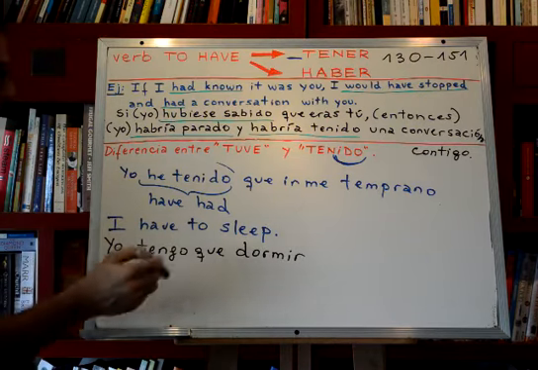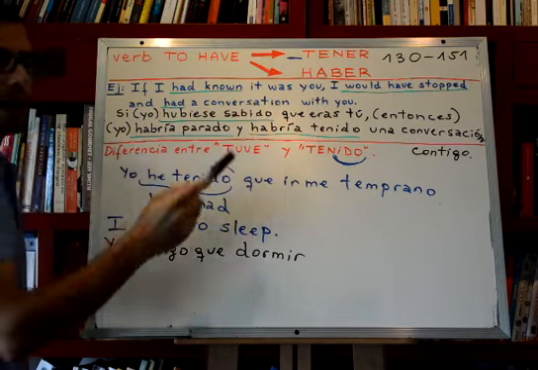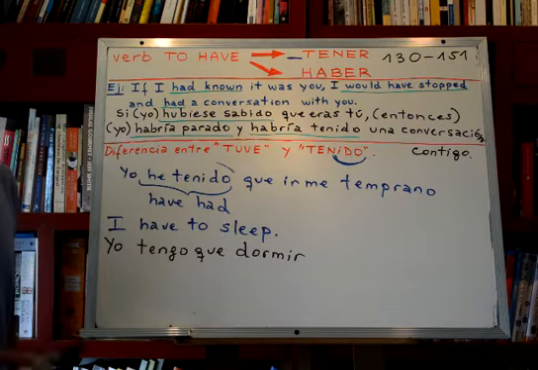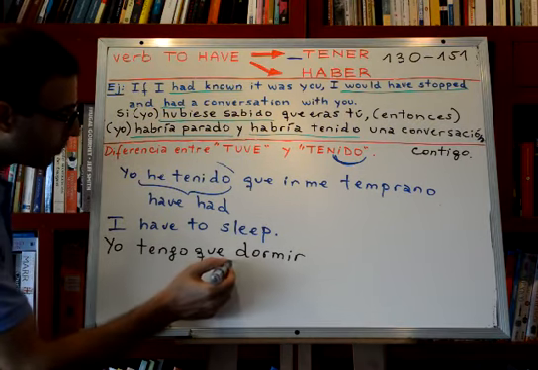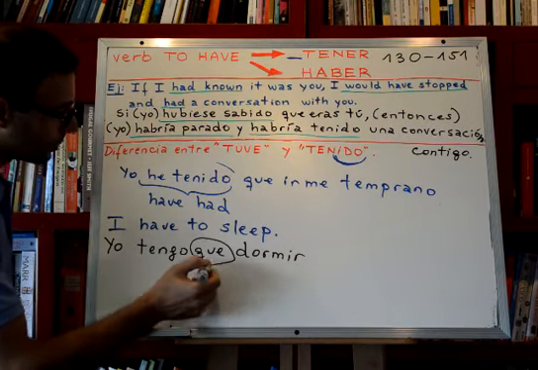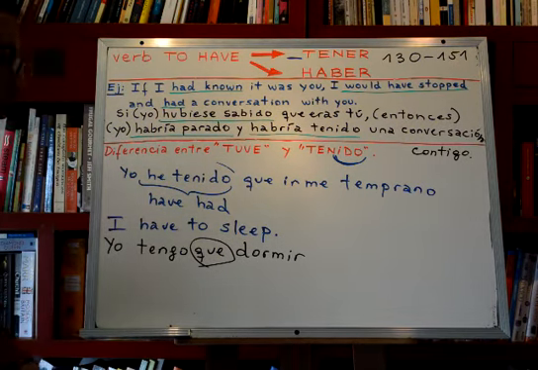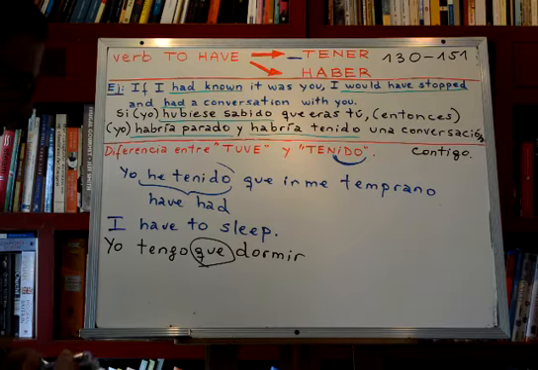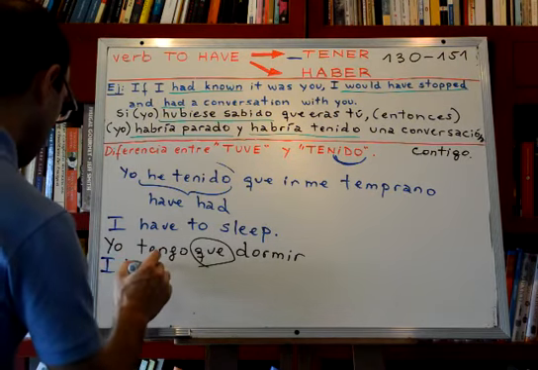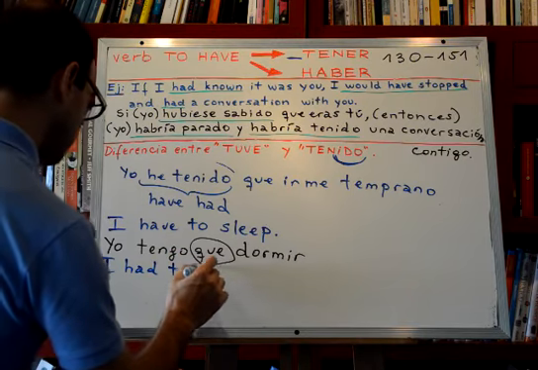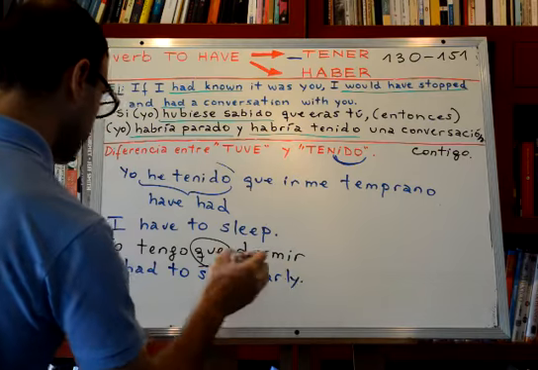I have to sleep. When we use the verb tener as an obligation of something, I have to do something, okay? We use it with the word que, right? Now, in the past, I had to sleep early, see?